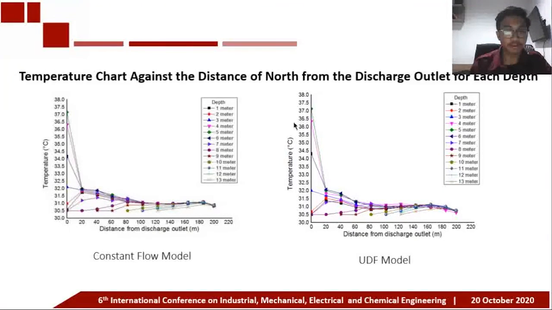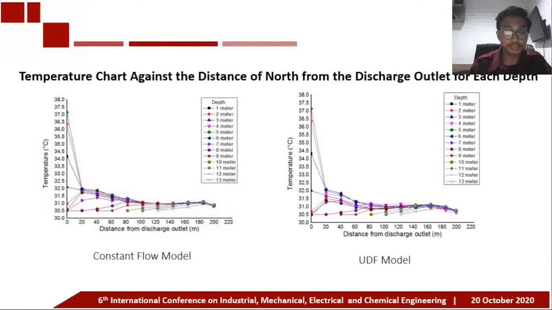We can see for constant current, the lowest temperature is 30.8 degrees Celsius at a depth of 7 meters with a distance of 210 meters to the north from the position of the discharge outlet. Whereas for UDF current, the lowest temperature is 30.6 degrees Celsius at the depth of 4 meters with a distance of 210.22 meters to the north from the discharge outlet position.